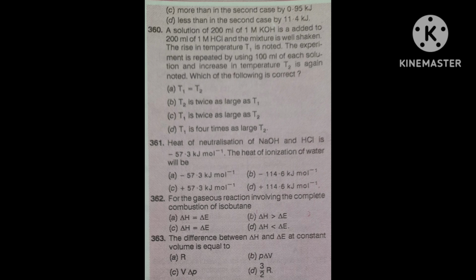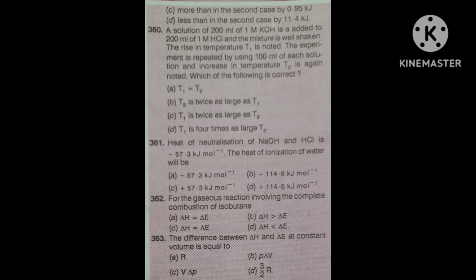And in the second case, heat evolved is half of the first one, because the amount is half, meaning 200 T1. 1 ml you have to consider.